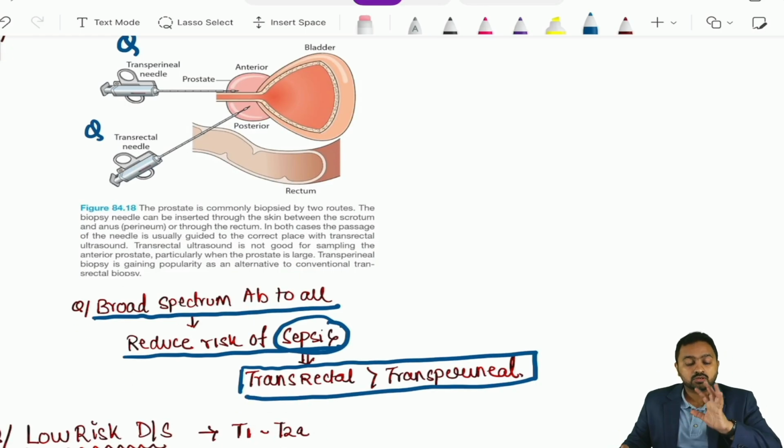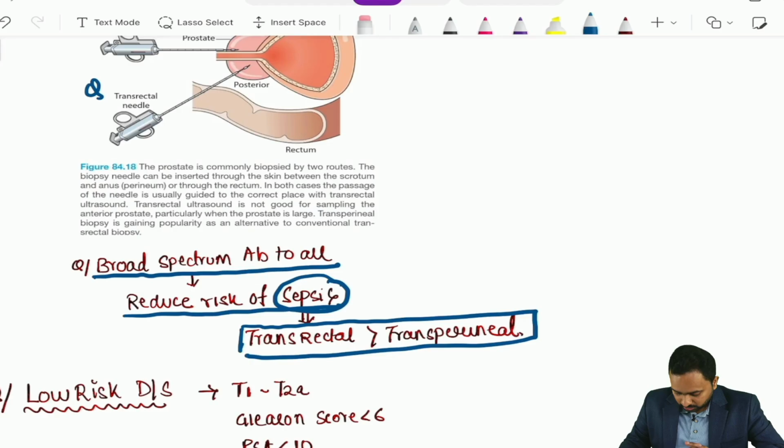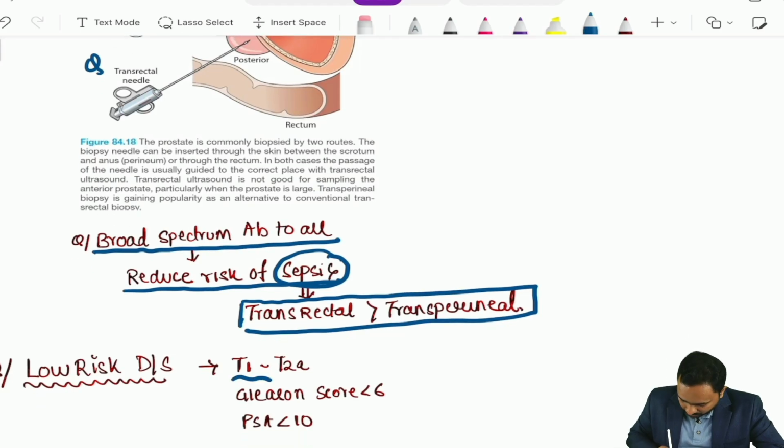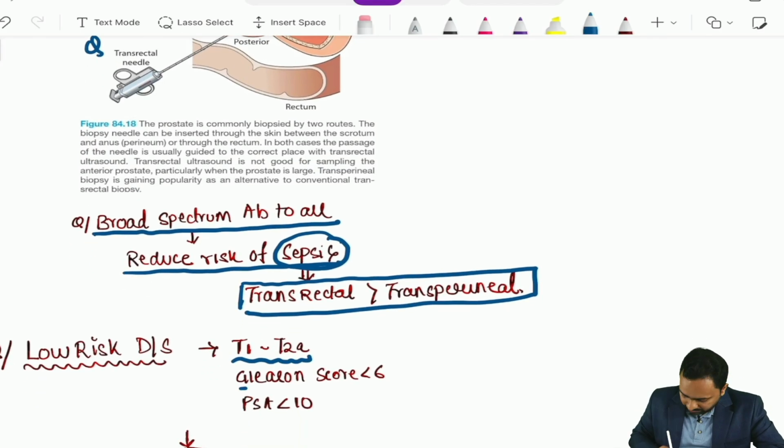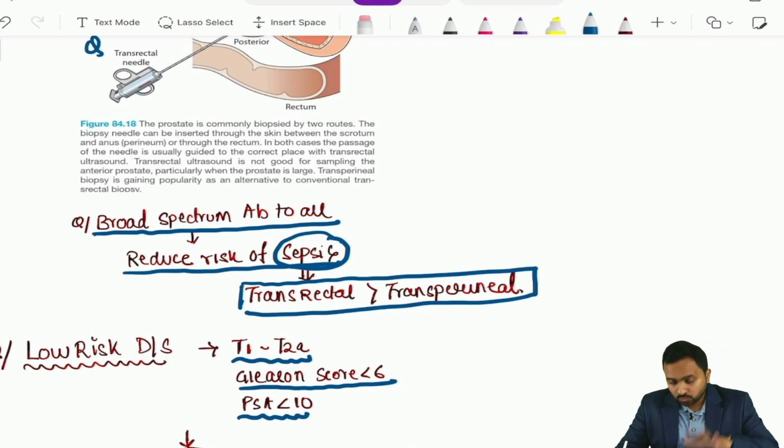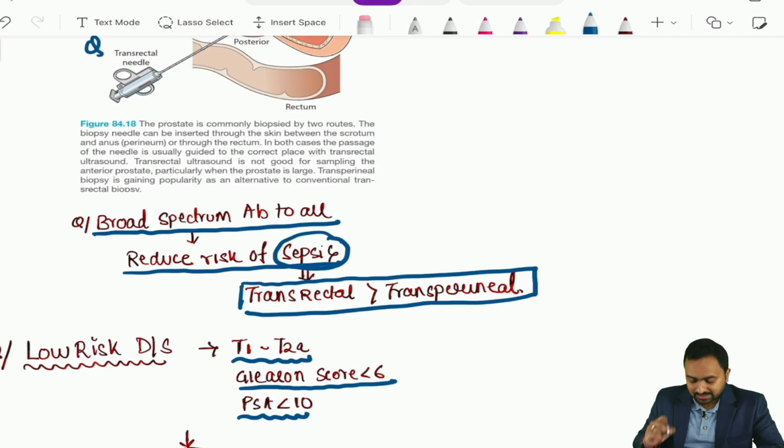Right. Now, what is low risk disease? Low risk disease is T1 to T2A, a Gleason score of 6 and PSA of less than 10. I told you that we are reading about T staging, Gleason score and PSA in order to understand the management. So, now this classifies it as low risk disease.